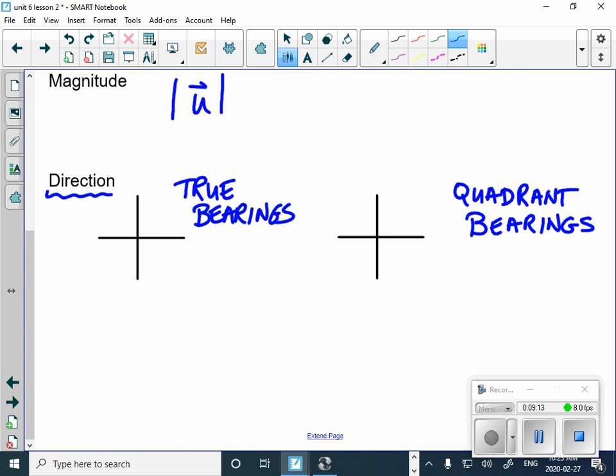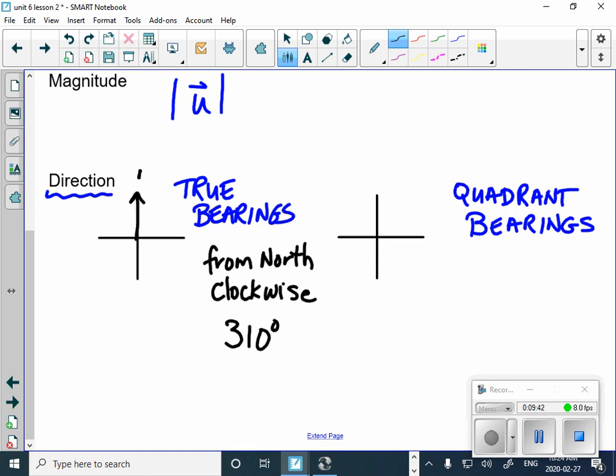Okay. True bearings are what is used by pilots, both air pilots and ship pilots, and it is always a direction from north, and we turn clockwise. So a true bearing of 310 degrees is we face north.